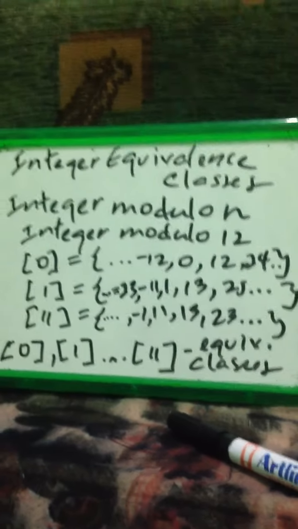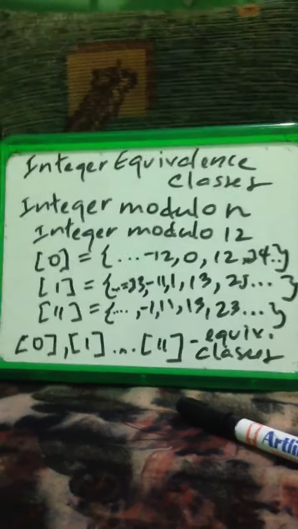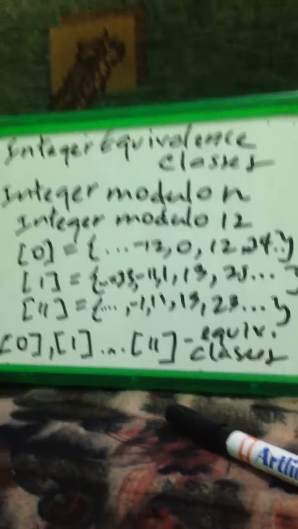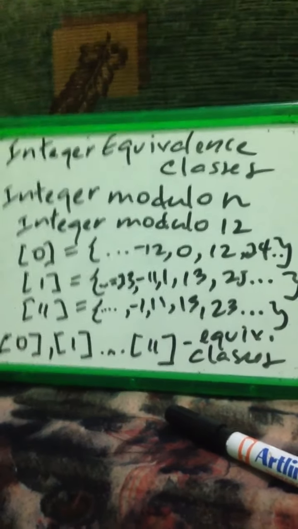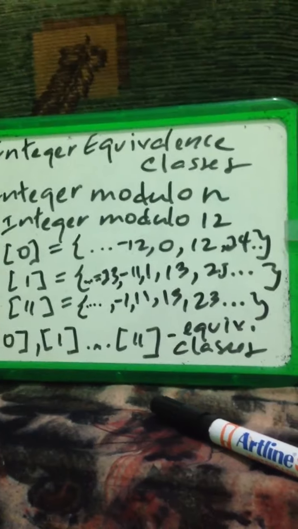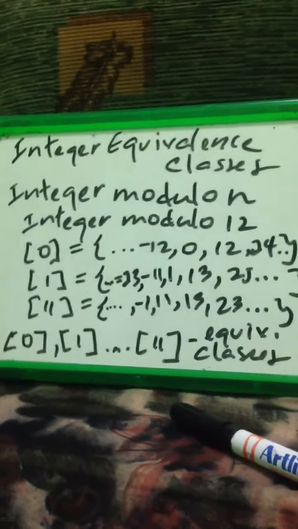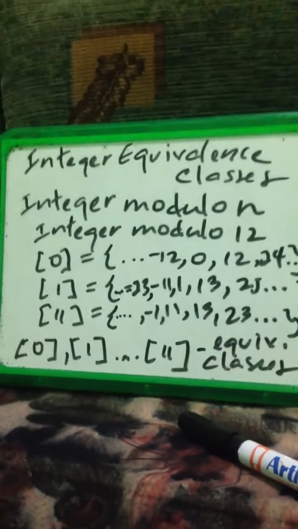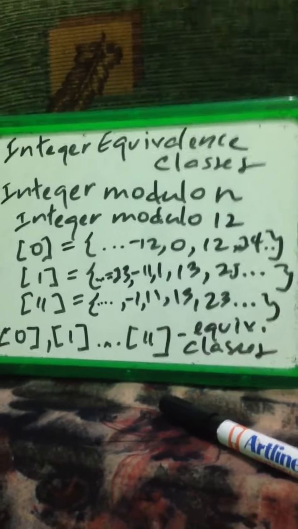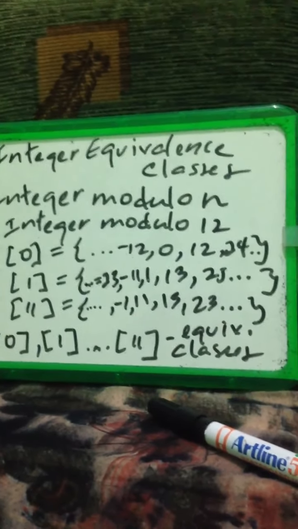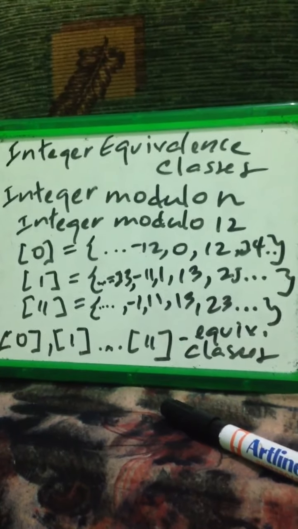For example, on the board you can see an example, integer modulo 12, so n is equal to 12. Listed on the board are the equivalence classes of integer modulo n.